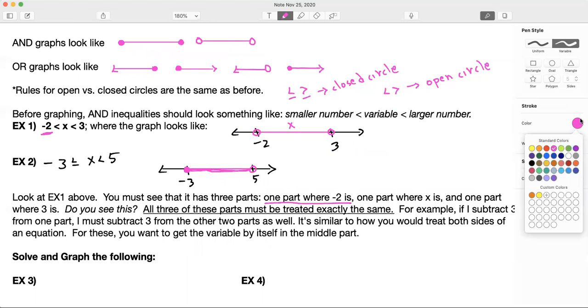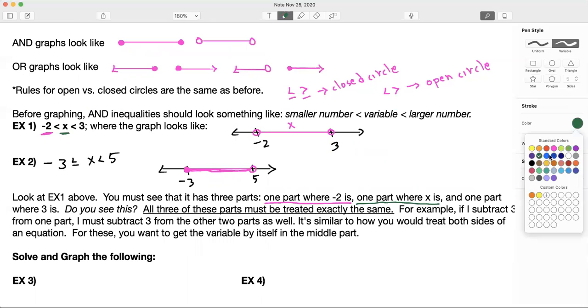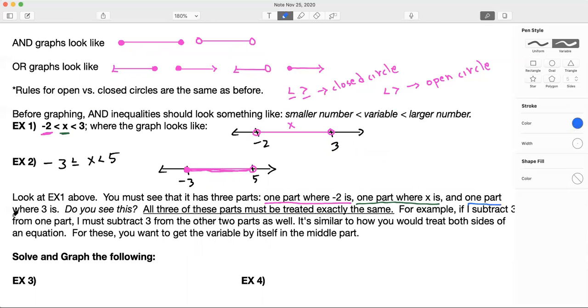You have another part where x is, right there, and then you have a third part where 3 is. And I tried to color code it so you can see the three parts. Now, -2 isn't a part, it's just what's in the first part. But you always have the variable in the middle. Now, do you see this? It's critical that you see this before we move on. Yes? Good. Here we go.